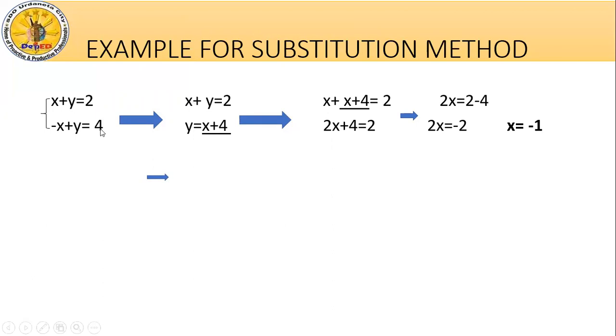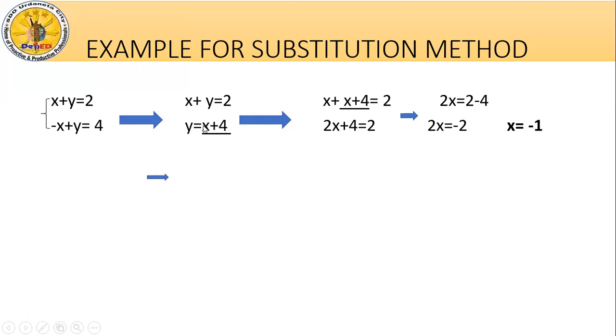In here, we will get the value of y from the second equation. When we transform this, it becomes x plus 4. So we will be using x plus 4 instead of y.